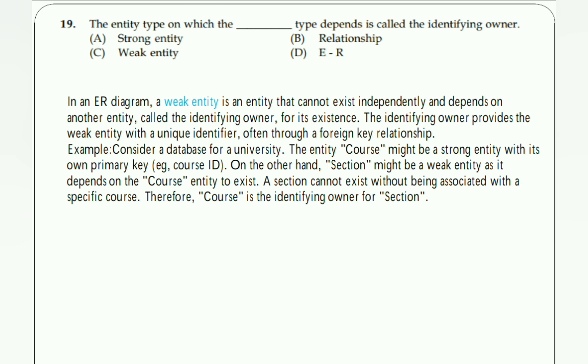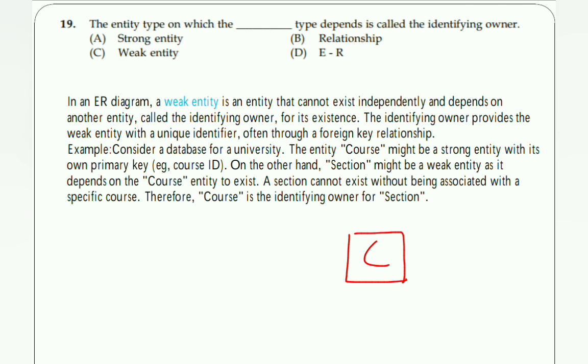So in an ER diagram, a weak entity is an entity that cannot exist independently and depends on another entity called the identifying owner for its existence. Consider a database for a university. The entity course might be a strong entity here. Course is a strong entity with its own primary key, course ID.